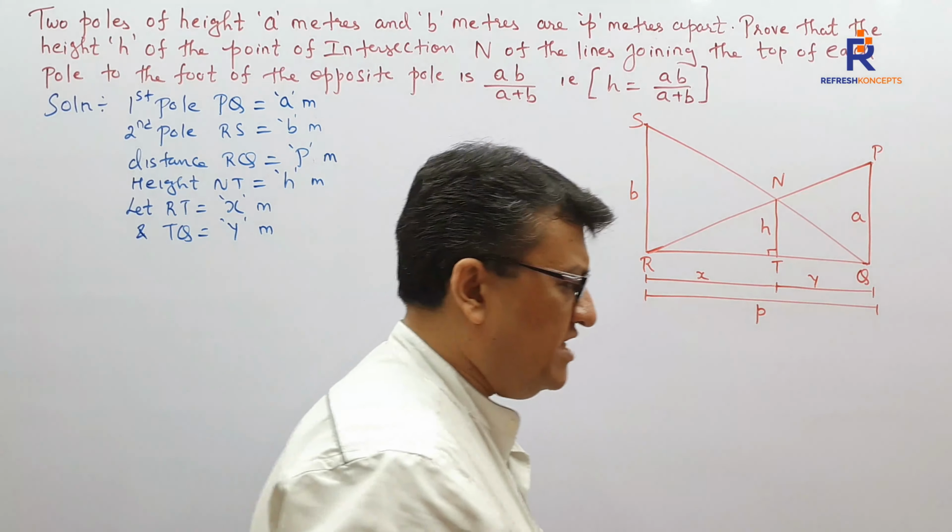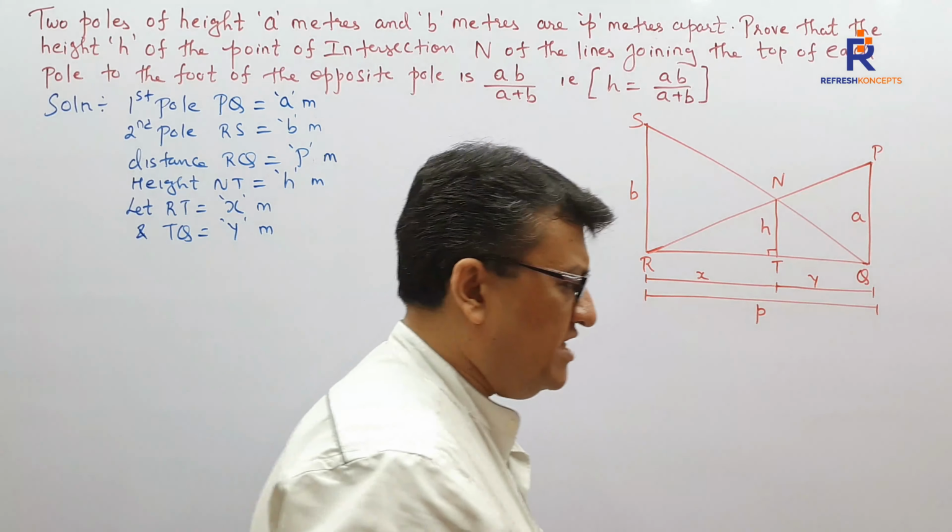Now children, how can I get p? Can I say p is nothing but x plus y? Therefore, what is RQ? RQ is nothing but RT plus TQ. Collinearity is the reason: R, T, Q. RT is x, which we have taken, TQ is y.